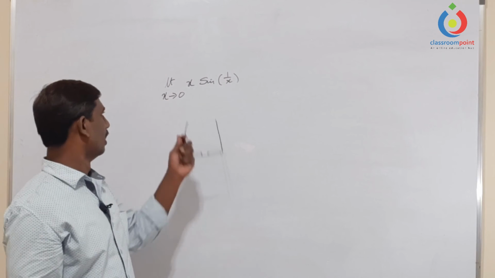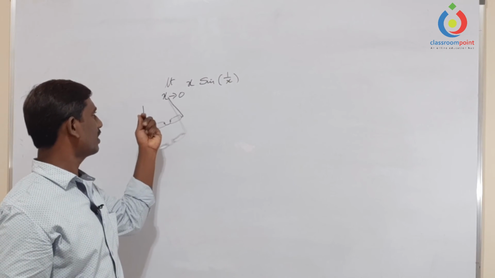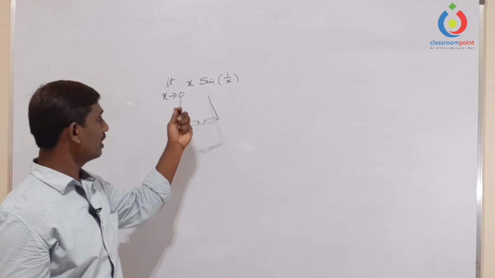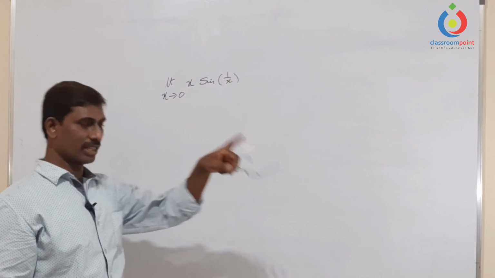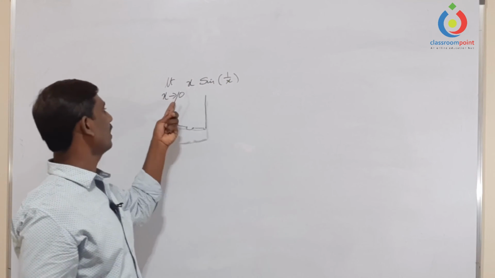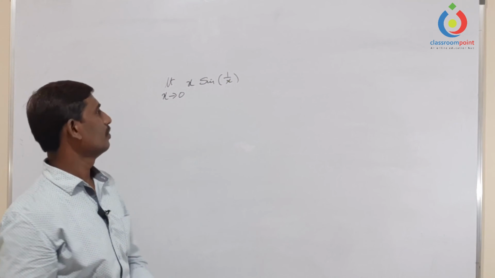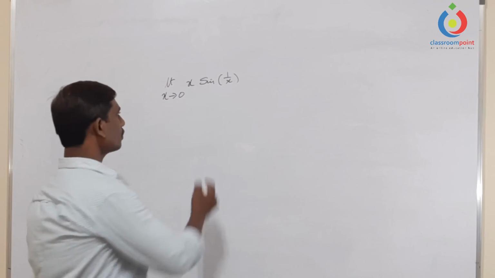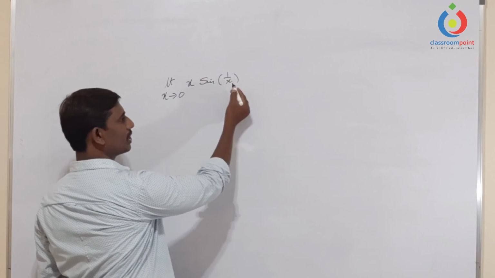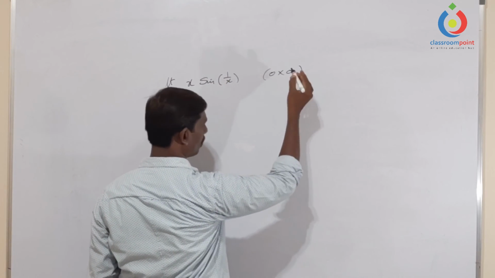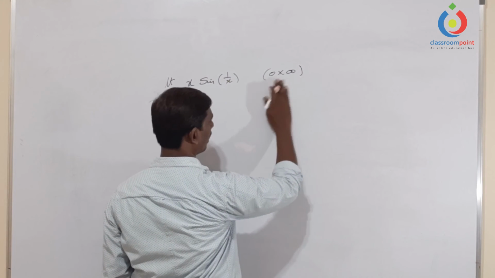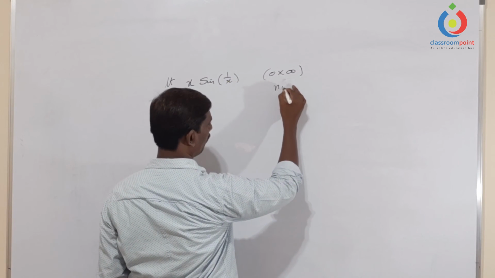In the last question, x tends to infinity. Now, instead of infinity, I am taking 0. Then what do we get here? This is 0, this is infinity. Sir, is this also 0 into infinity form? No, not at all. This is not 0 into infinity form.